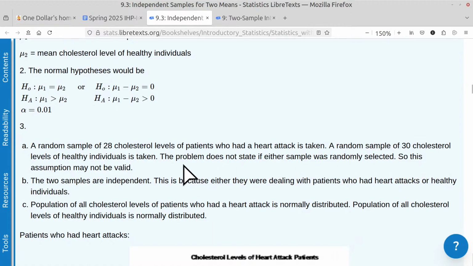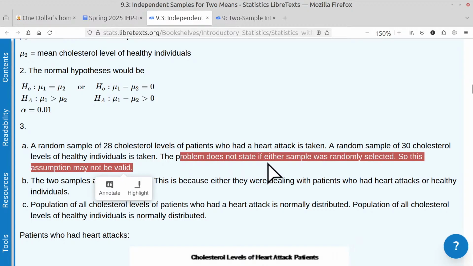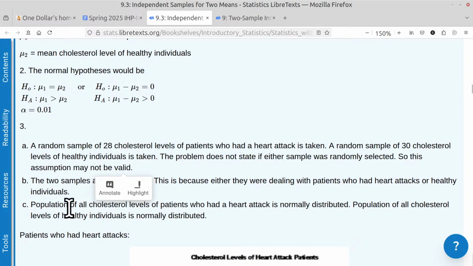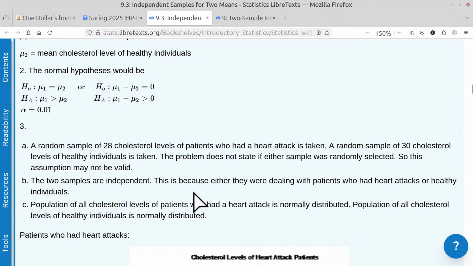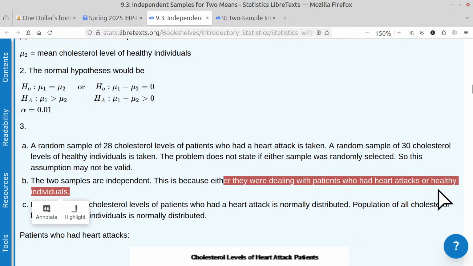The problem does not state if either sample was randomly selected, so this assumption may not be valid. It means it didn't say anything. The two samples are independent. This is because we were dealing with patients who had a heart attack or healthy individuals. They are not paired.